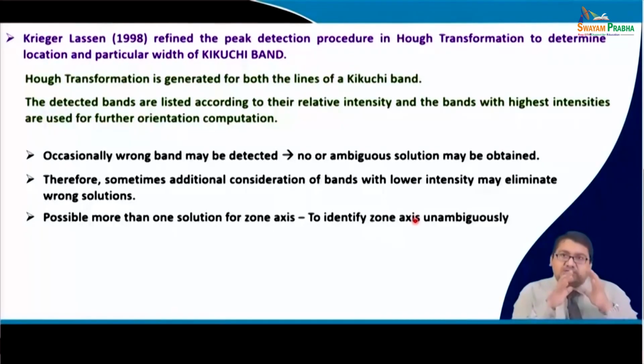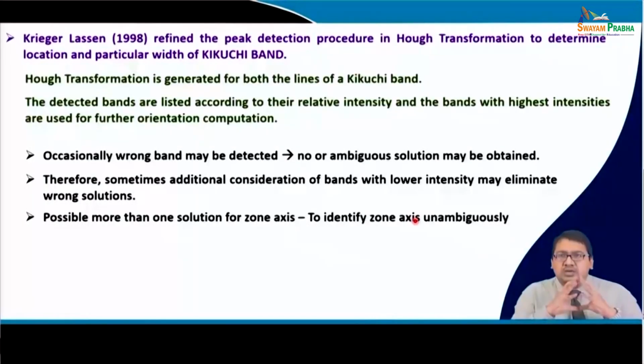Now, you see that sometimes what happens, as you have seen, only 3 bands are required to obtain the orientation information, but sometimes recording only 3 bands with higher intensity, the indexing of a band becomes wrong, or wrong bands are detected.